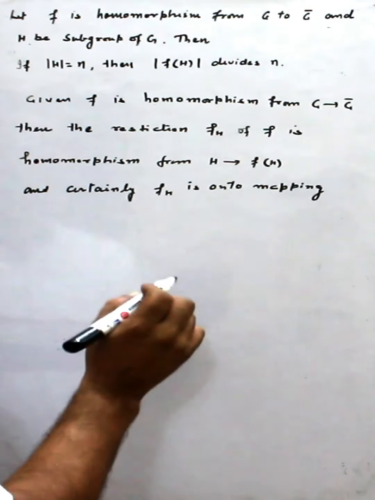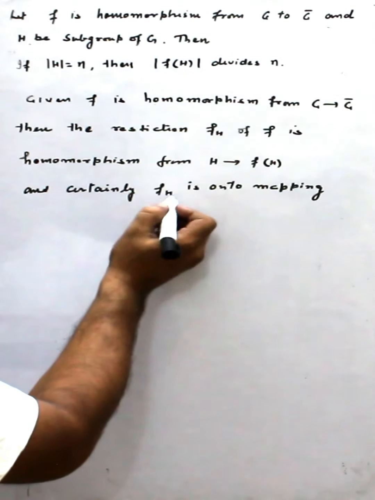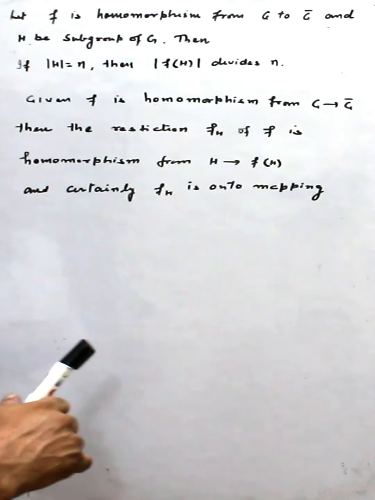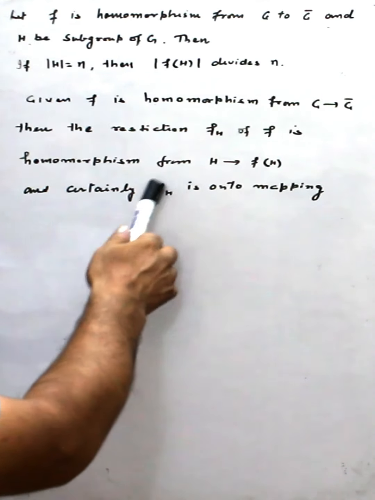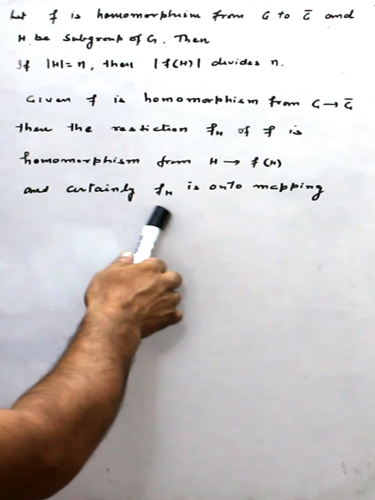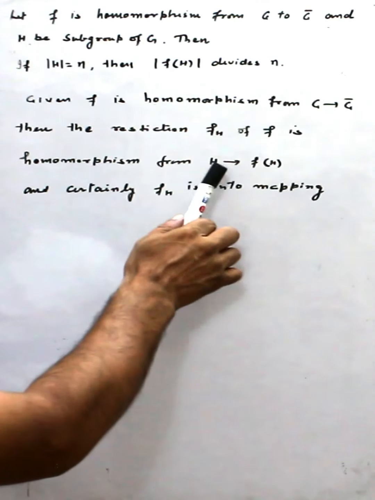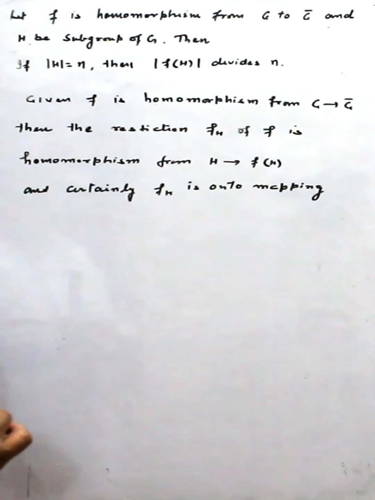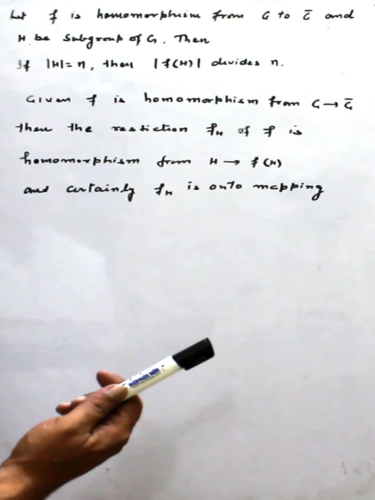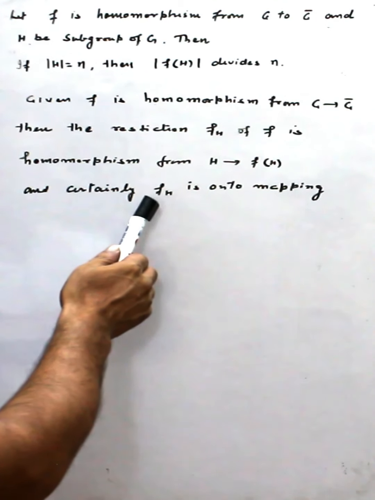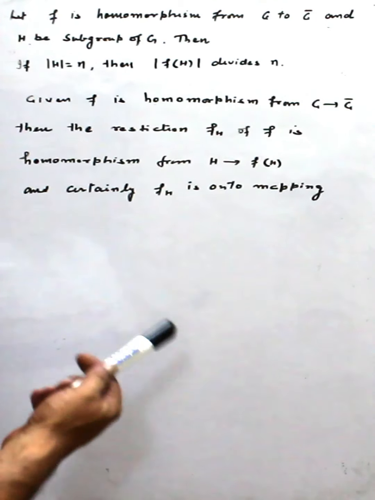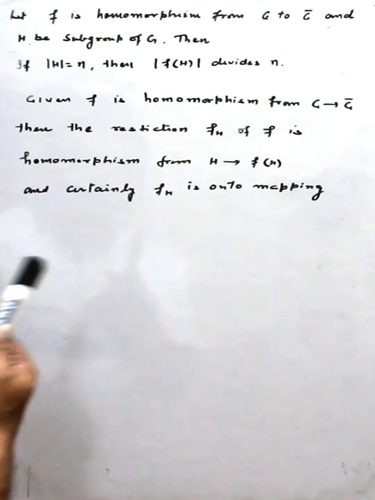By the way, if this restriction F_H were one-one, because it is onto, the number of elements here and here would be the same, but it is not so because it is a homomorphism. If it were an isomorphism, then it would be very easy, but the case is different.